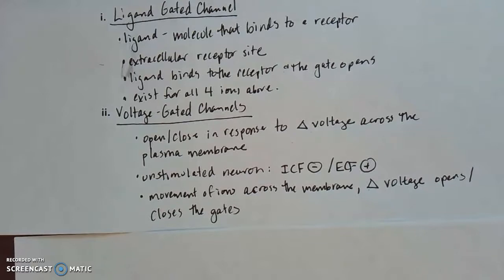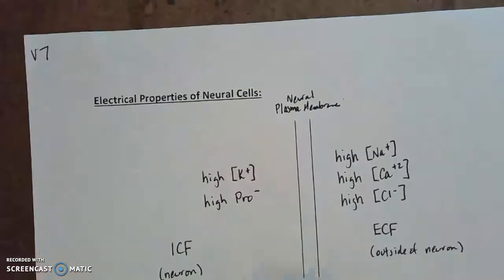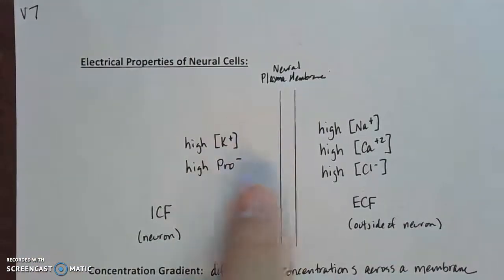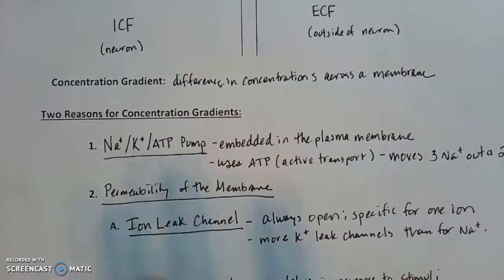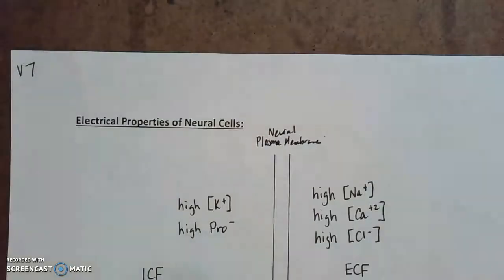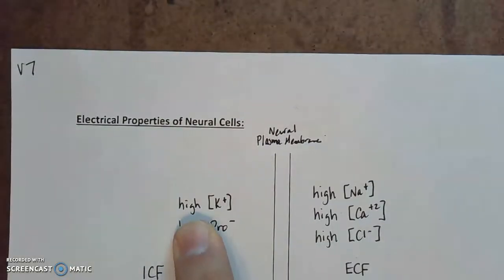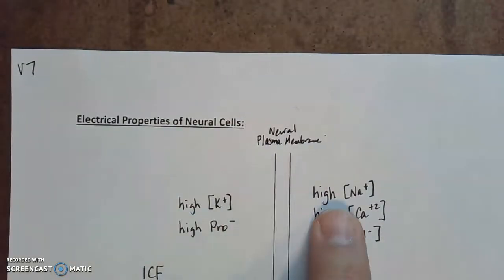If we open a gate for sodium, sodium is going to move into the cell. If we open a gate for calcium, calcium is going to move into the cell because we have these concentration gradients established already. The sodium-potassium pump establishes the high ICF potassium and the high ECF sodium.